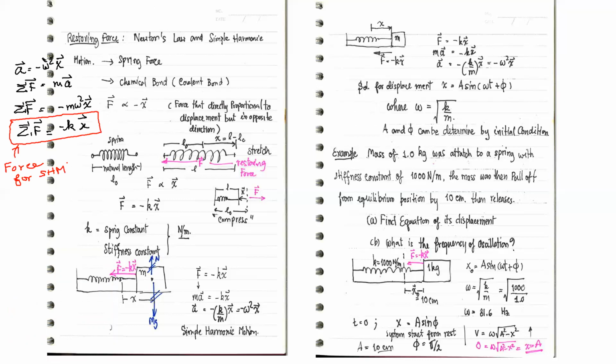So whatever system of force you use, if your force is negative and proportional to the displacement, that will result in harmonic motion.